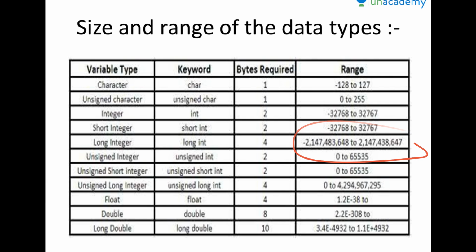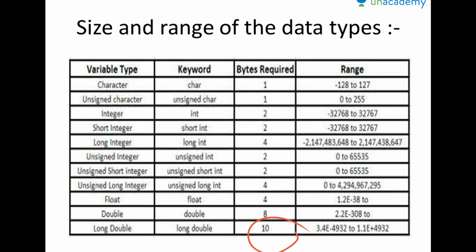As much as we increase the size, the range will also increase. You can see here the range of this and the range of this. This is 4 byte and this is 10 byte. It is quite obvious.